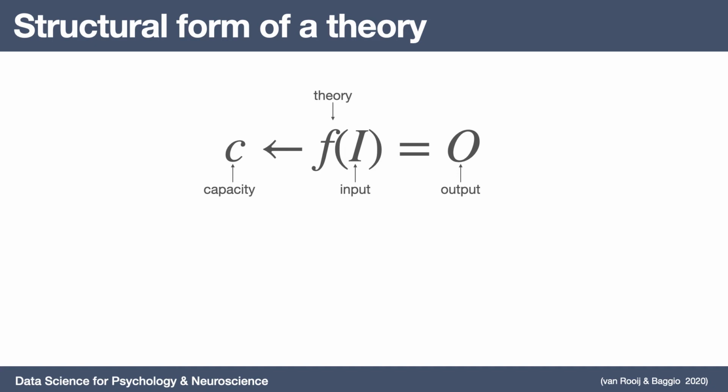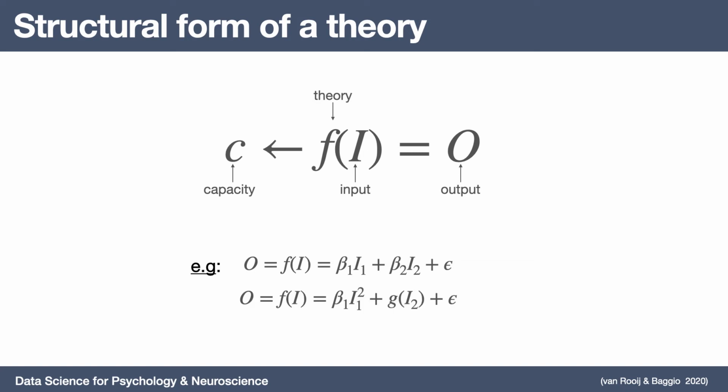Now, this theory can be made with words or formal logic. We're going to really focus on how this can be produced in equation forms because those are going to be most closely relevant to the way that we test our theory with observed data. So this can take the form of a simple linear regression where you just have two inputs, I1 and I2, weighted by two regression coefficients, beta 1 and beta 2, with some noise.